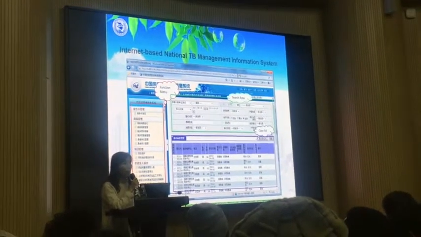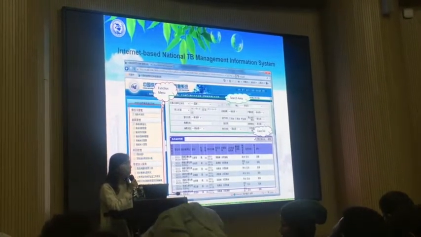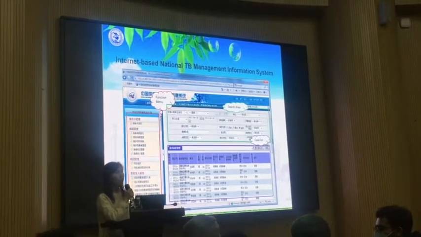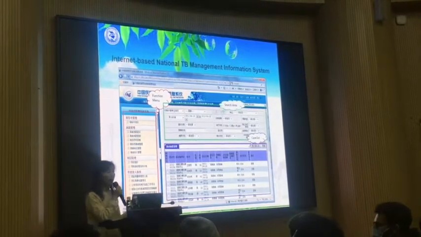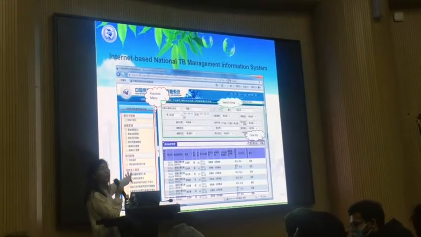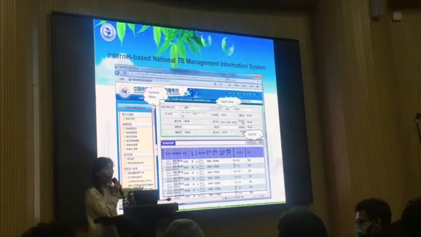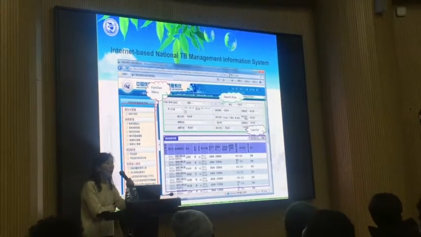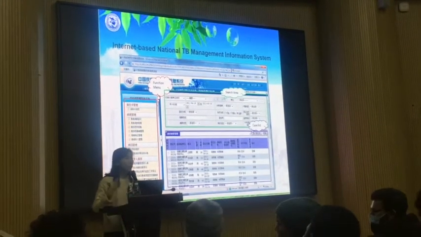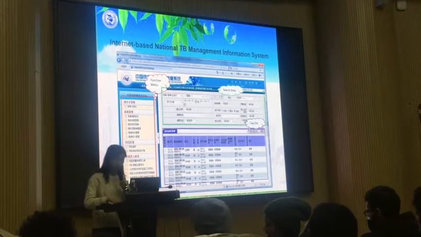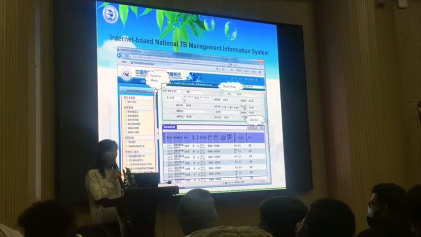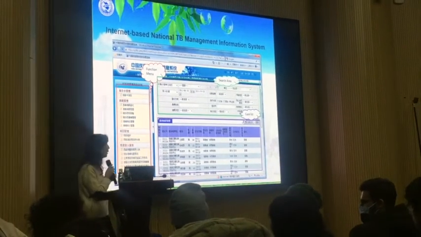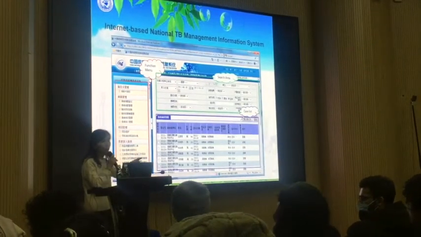All the TB patients and all the suspects, their information will be input into this system for us to manage them better. So every TB patient and every TB suspect we can find in this system.